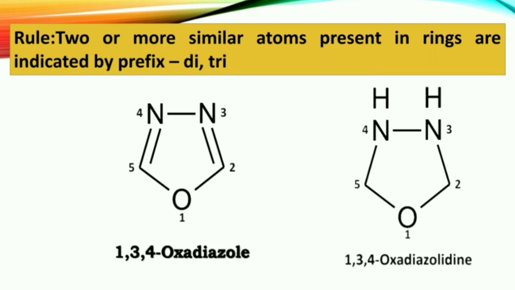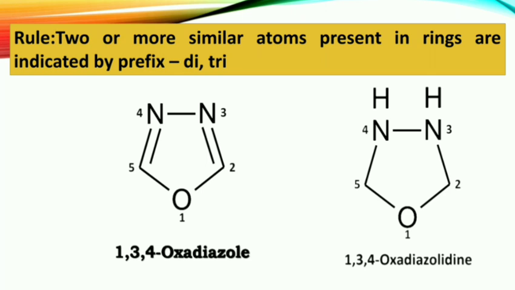The rule is that when 2 or more similar atoms are present in the ring, they are indicated by a prefix such as di, tri. We have already seen this, but you have to remember it. In both structures we have one oxygen and 2 similar heteroatoms, which are nitrogens. One structure is unsaturated and the other is saturated. For these you have to remember the other rules we saw earlier.